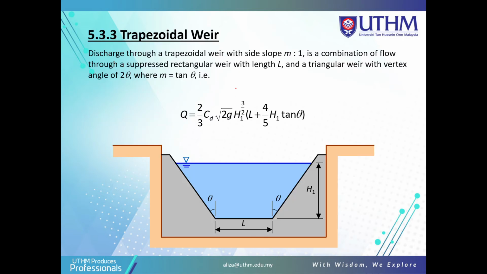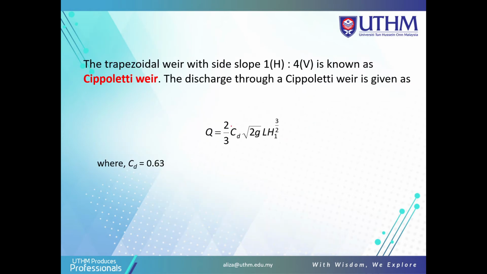Now look at the trapezoidal weir. For the trapezoidal weir, you must use this formula, like in this figure. You just put the value here. A trapezoidal weir with side slope 1 horizontal to 4 vertical is known as a Cipolletti weir. The discharge through a Cipolletti weir is given by this formula, with CD 0.63.